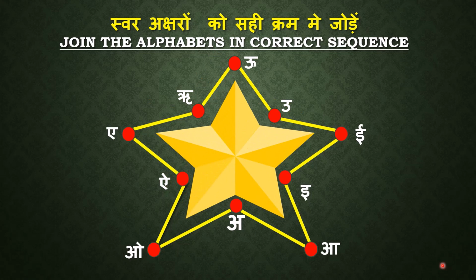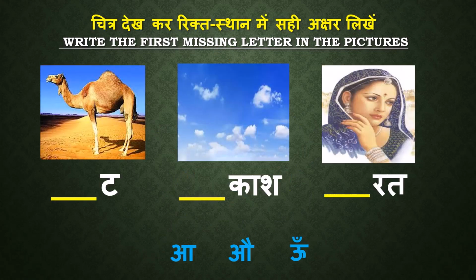Now, let's move on to the next activity. This activity says, look at the pictures and write the correct letter in the blank. That is, write the first missing letter in the pictures. The names of the pictures you have to say in Hindi.